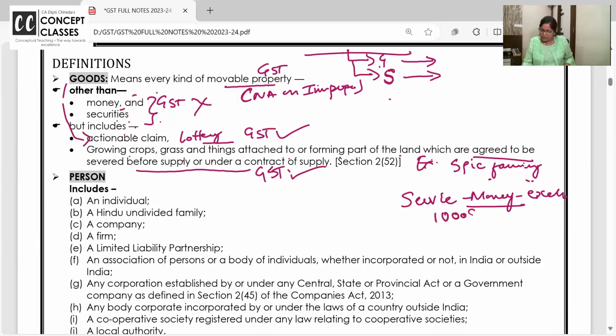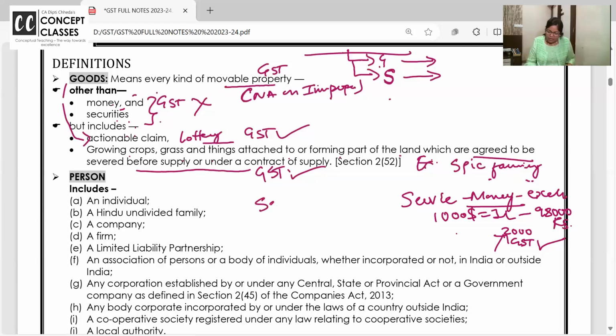Say $1,000 is worth 1 lakh. So the money exchanger gives me 98,000 rupees. The value of $1,000 is 1 lakh, so why did he give less? The money exchanger says 2,000 is my charge, I am giving you a service. On this, is GST applicable? Answer is yes. Directly on money, GST is not there, but on money-related service, yes.